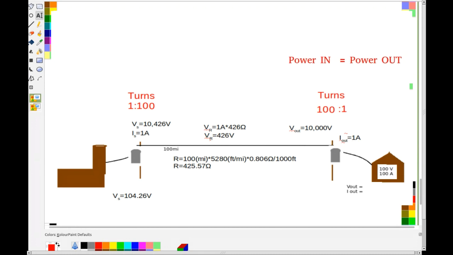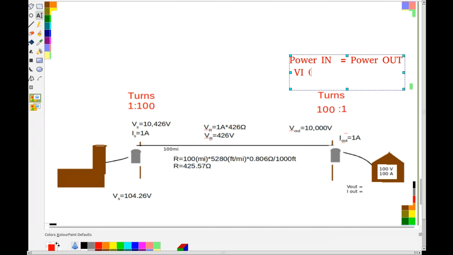Okay. So the power in is equal to the power out. But remember that power is voltage times current.